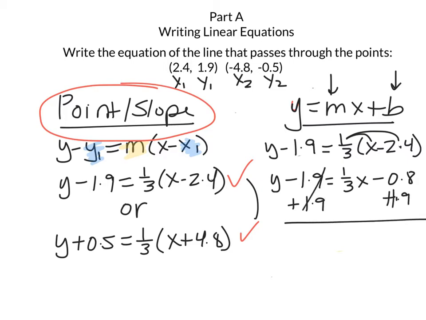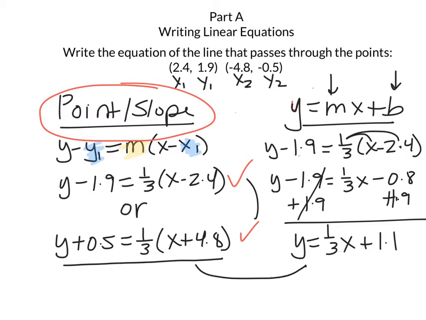And we'd end up with y is equal to 1/3 x, and then negative 0.8 plus 1.9 gives us a positive 1.1. Now, if you had taken the second equation and solved it for y, you would have gotten the same thing. So that's the second part of your problem, writing the equation in slope-intercept form.